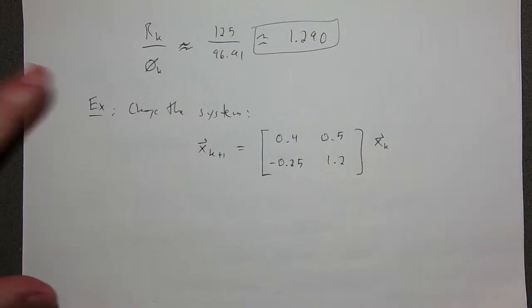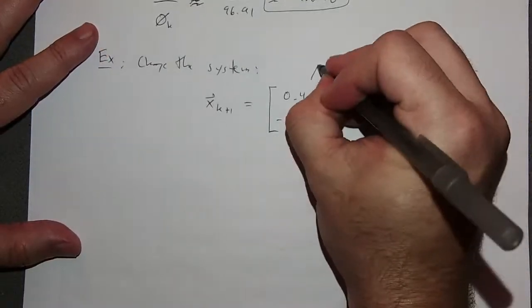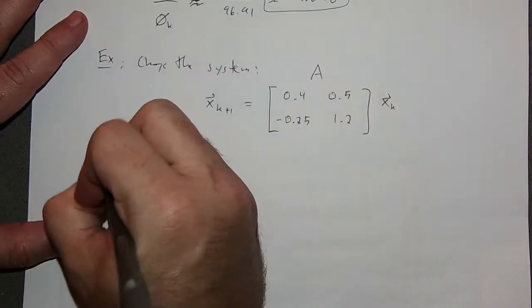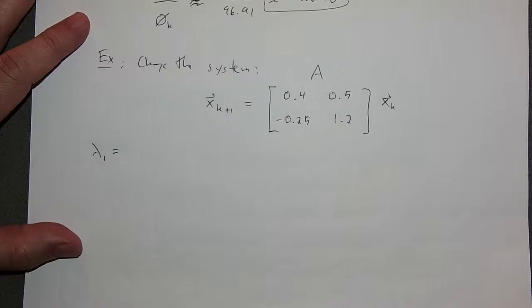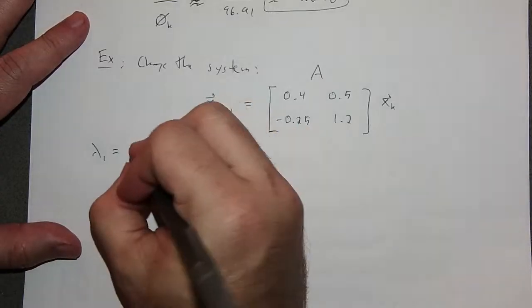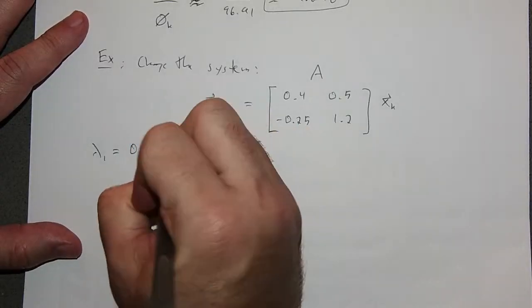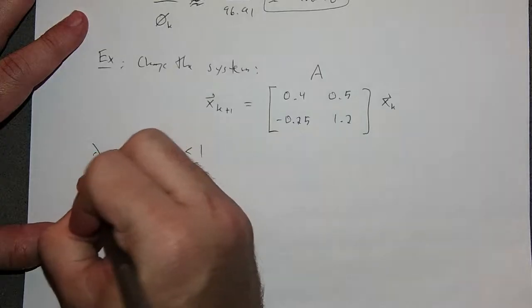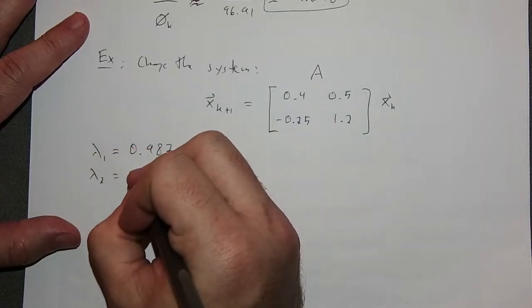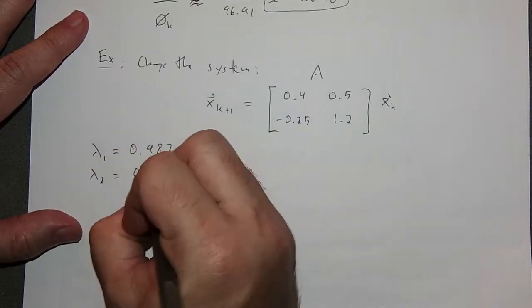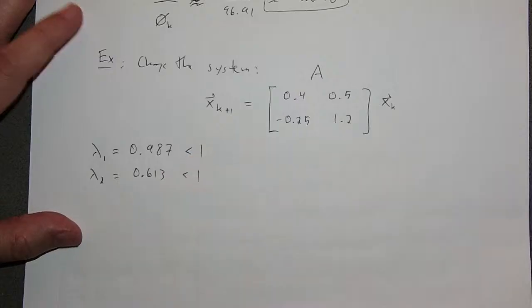So now, what happens when we diagonalize A? So here's our A. The first eigenvalue of A is 0.987, which is less than 1. And the second eigenvalue is 0.613, which is also less than 1.